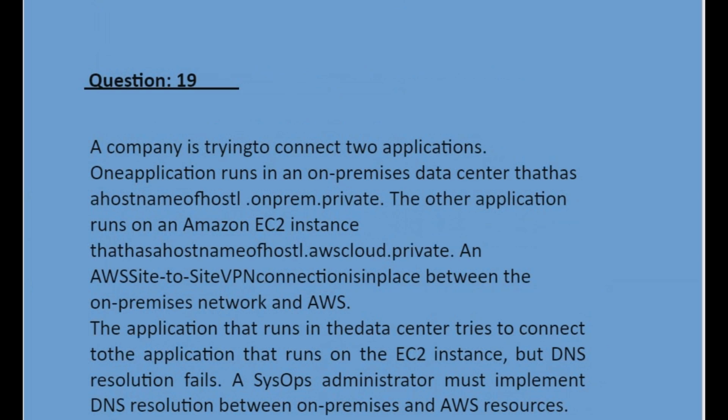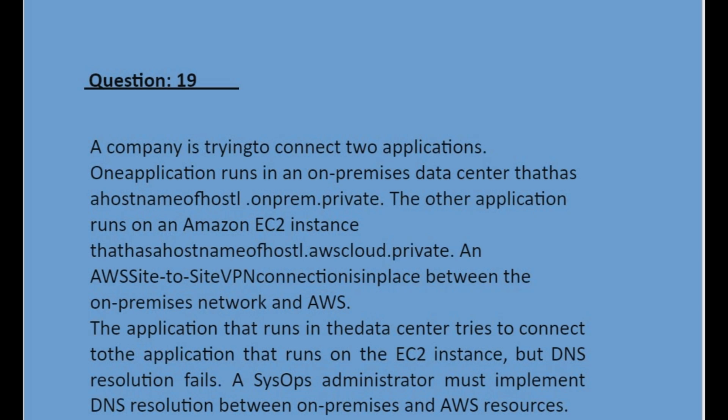Question is, a company is trying to connect two applications. One application runs in an on-premises data center that has a host name of host1.on-prem.private. The other application runs on an Amazon EC2 instance that has a host name of host1.awscloud.private.